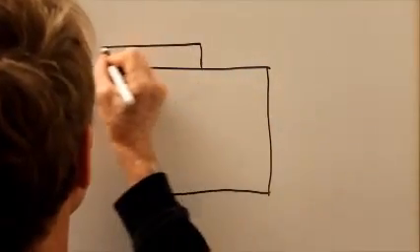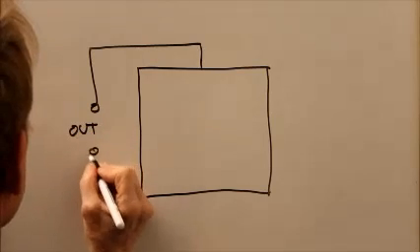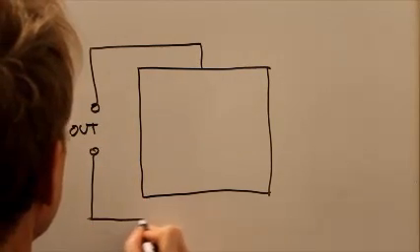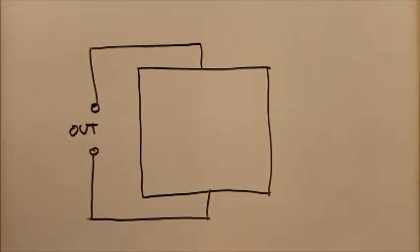We might draw that like this. We put the output signal here to the vertical input of an oscilloscope. We connect the input signal to the horizontal input of that same oscilloscope.